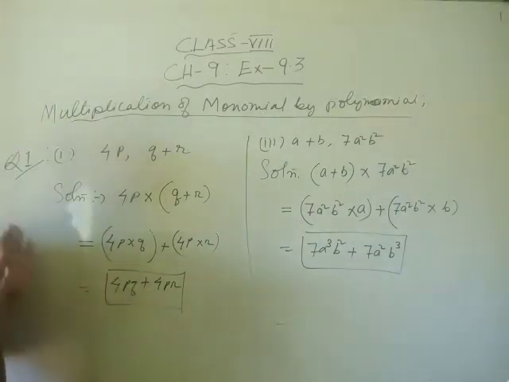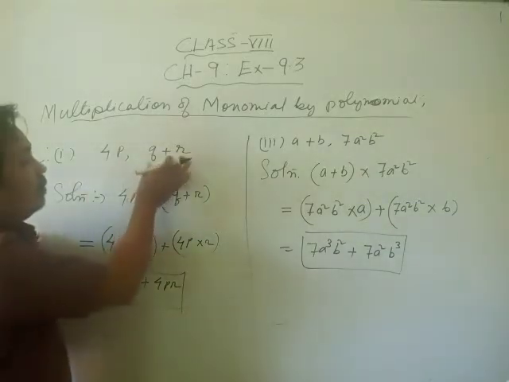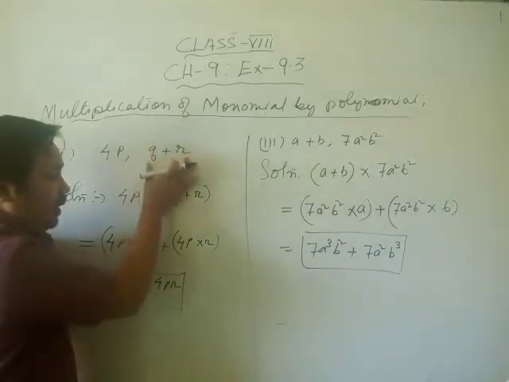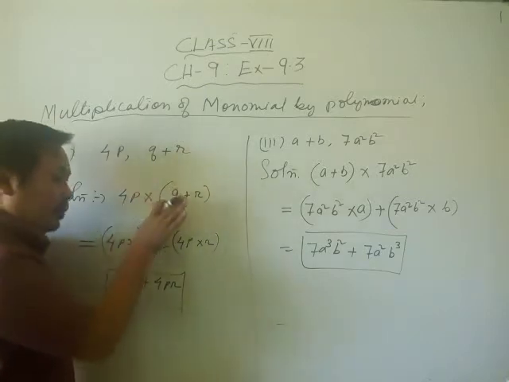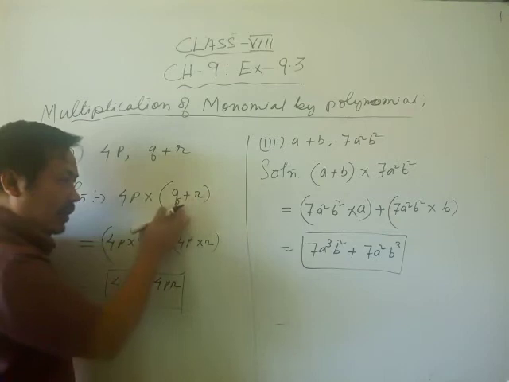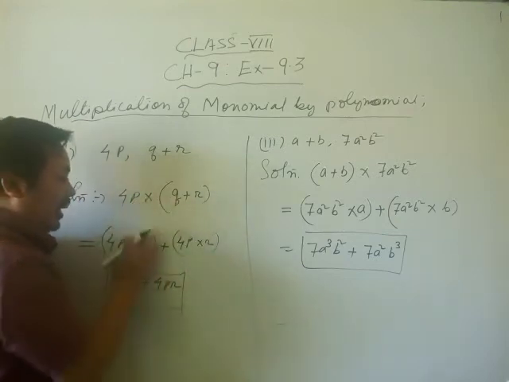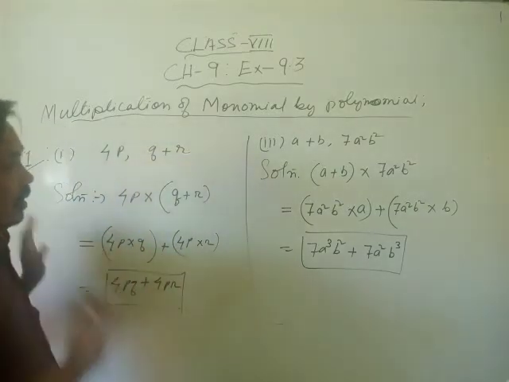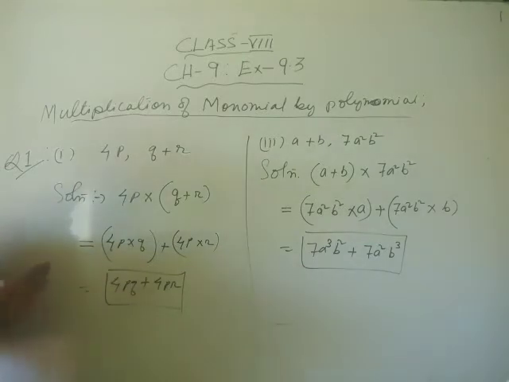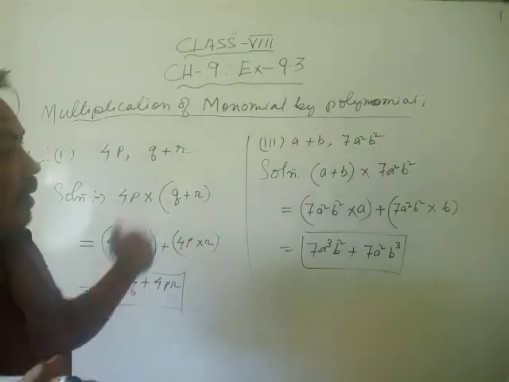Okay. So first of all, what we have to do is just put the polynomial in the bracket for some time, and the terms in the polynomial should be multiplied again and again by the monomial. The rest of the questions, please practice yourself and try by looking at these steps.